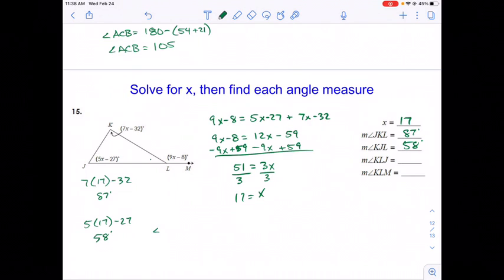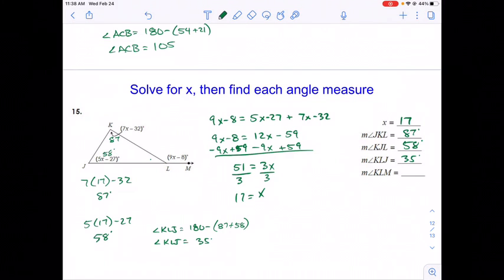So angle KLJ is equal to 180 minus the two angles we had already, which remember we had 87 and 58. So it's going to add up these two, 87 plus 58. And so angle KLJ, do the math there, it's going to give us 35.